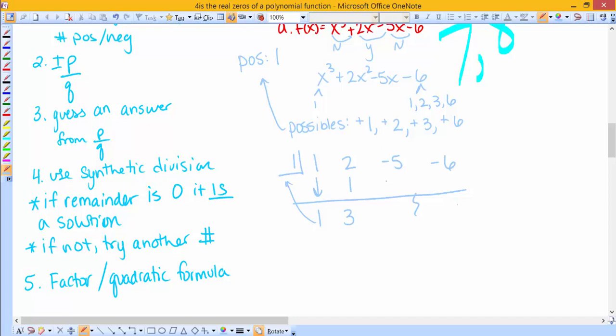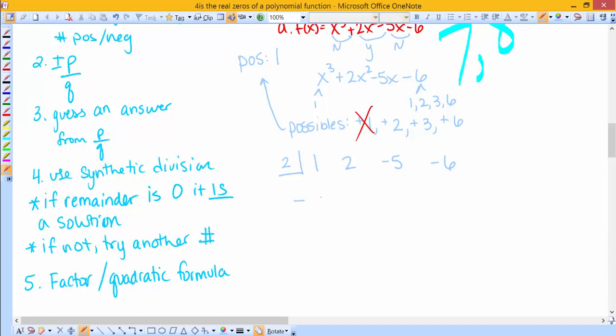Multiply, I get 3. Add, I get -2. Multiply, I get -2. Add, I get -8. Whoops. My remainder is not 0. That means 1 is not going to work. So now I need to set this up again. But I'm going to try a different number now. I'm going to try 2.